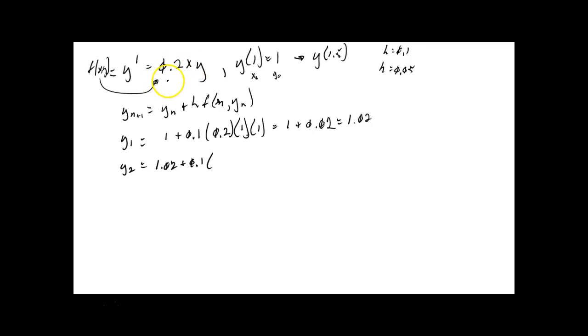We need to evaluate this, and this will be 0.2, that's what was given here, times your x is 1.1, because you stepped up 0.1, and your new y was 1.02. So there's calculator time. 1.02 plus 0.1 times 0.2, which is 0.02, times 1.1 times 1.02.